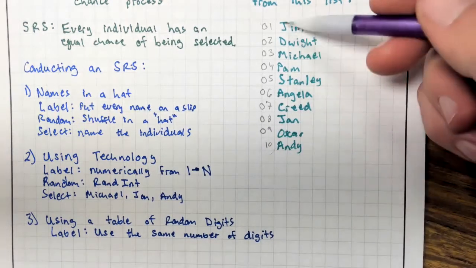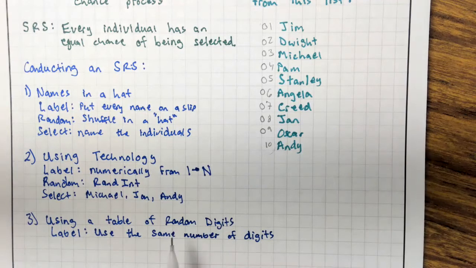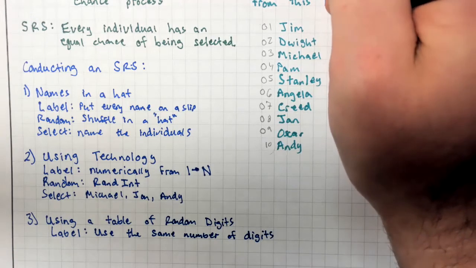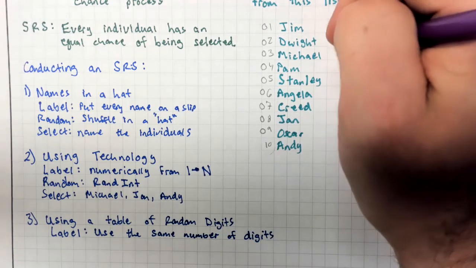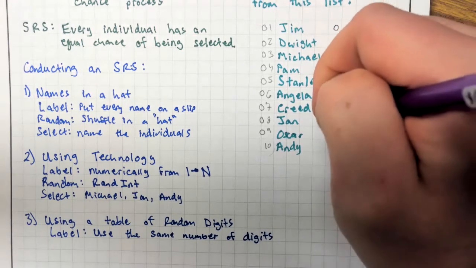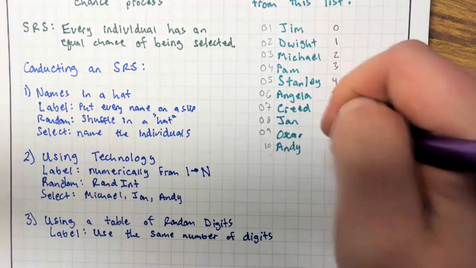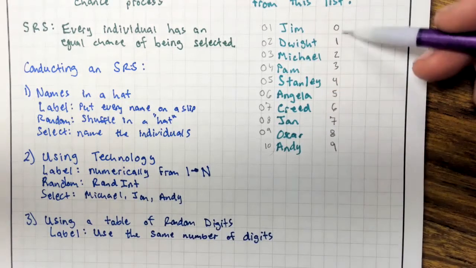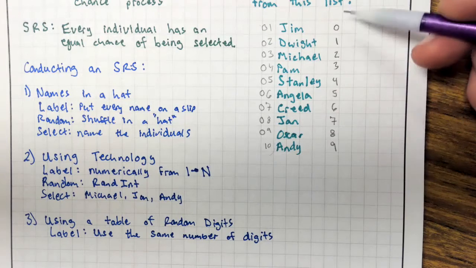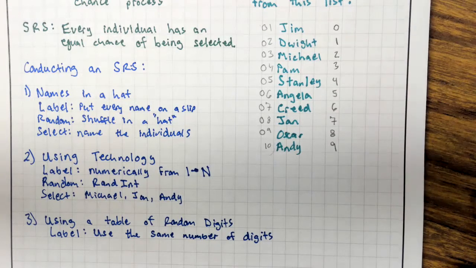Another way you could have done this is to use the same number of digits and the least amount of digits possible, which is to just start off at 0: 0, 1, 2, 3, 4, 5, 6, 7, 8, and finally 9. This is what I'm actually going to go with. I want the same number of digits, and I want the number of digits to be as small as possible.